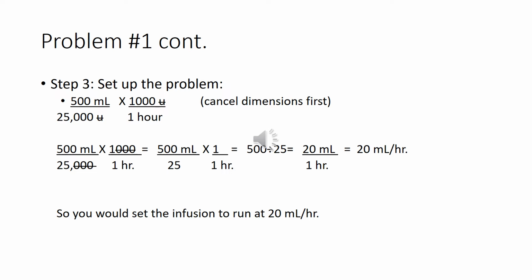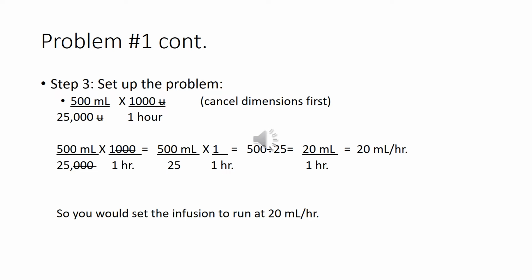You've got 500 mils times 1,000 and 25,000 on the bottom, and 1 hour. We've gotten rid of the U there, so this is what it looks like without the U. Then you're going to get rid of the common denominator, cancel things out, and do your math part with that.